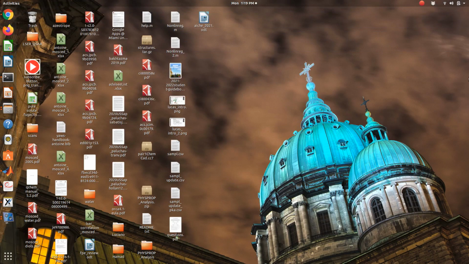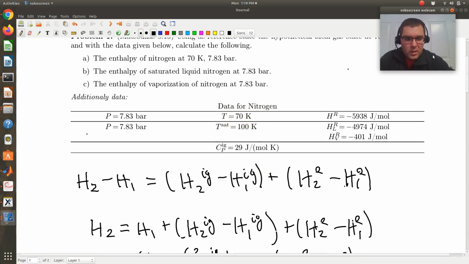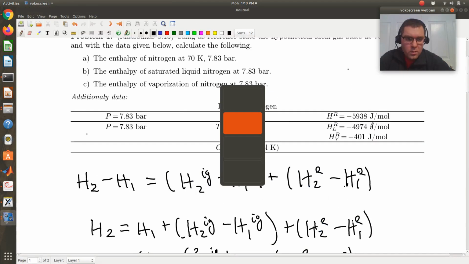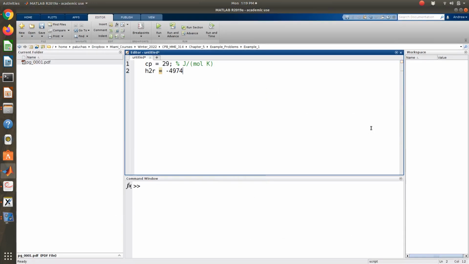And then we just need HLR, or H2 liquid residual, the residual value of my liquid phase: negative 4974, and that's joules per mole.